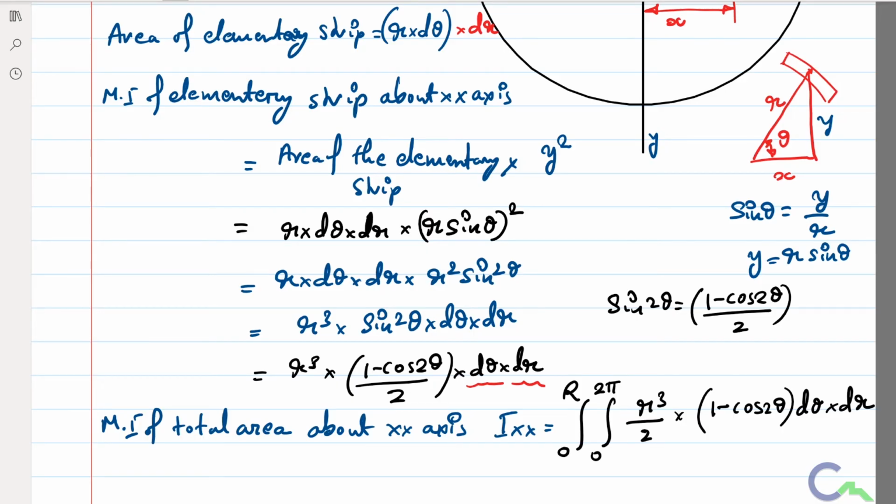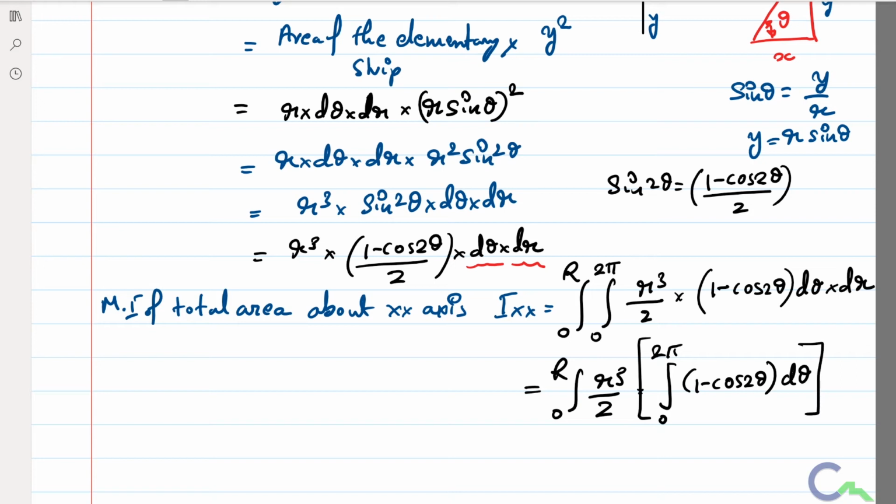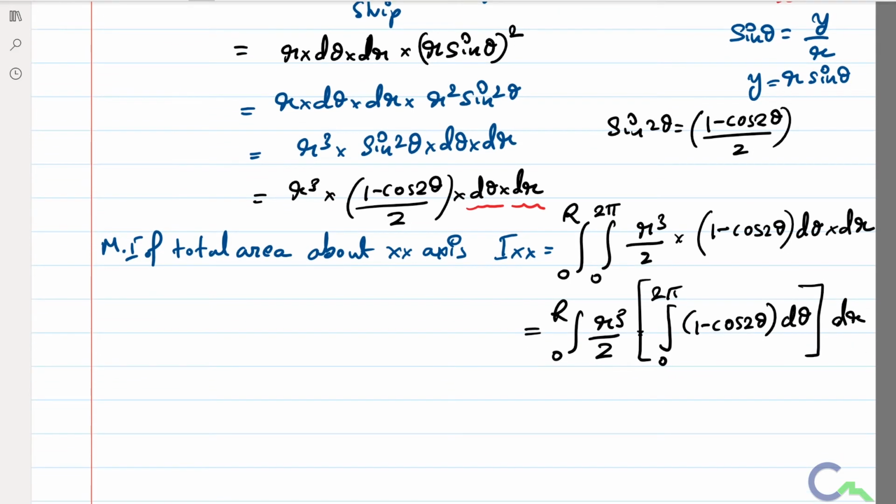So I will take it outside, so 0 to R, r cube by 2 into 0 to 2 pi, 1 minus cos 2 theta into d theta, like this in the bracket. So first I am going to apply 0 to 2 pi. I will take the 0 to R, r cube by 2 as it is.